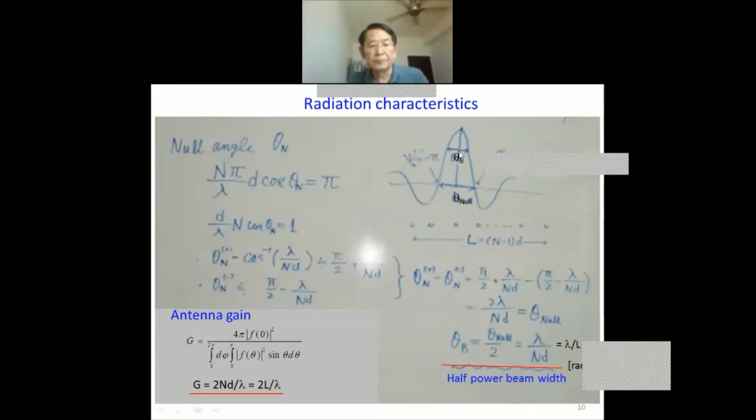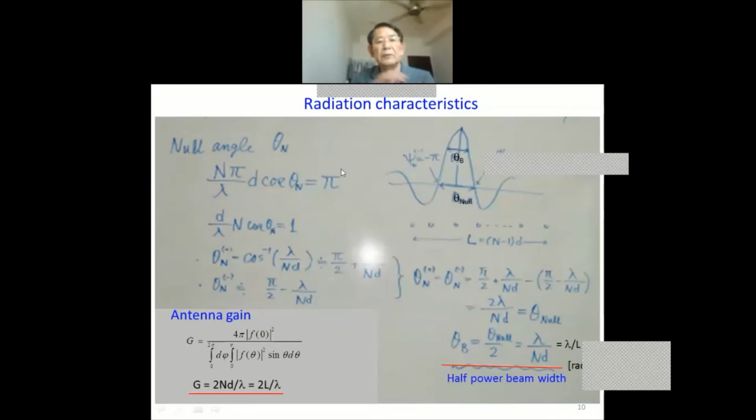This half power is from the center to the level that is half power, 3 dB down. That width, the beam width, is called the half power beam width. This is an important parameter to understand the radiation pattern. The half power beam width and the antenna gain: these two keywords characterize the antenna radiation pattern.